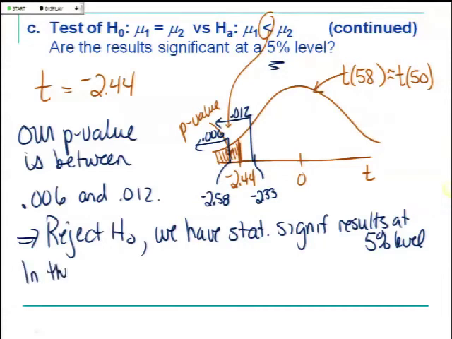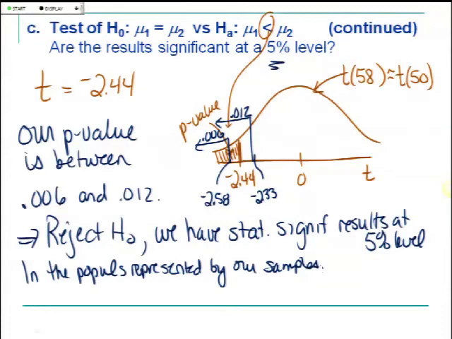So in the populations represented by our samples, we could conclude what? There is sufficient evidence to say beta blockers reduce pulse rates on average.